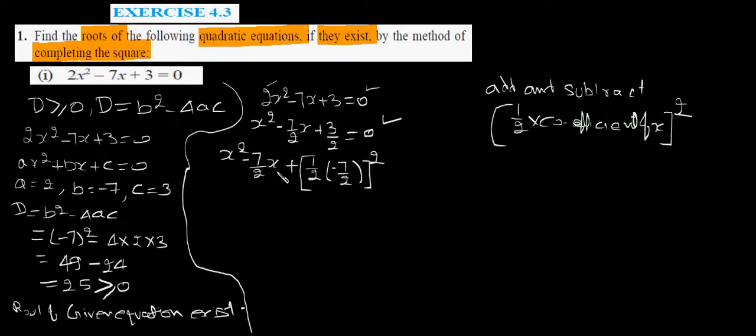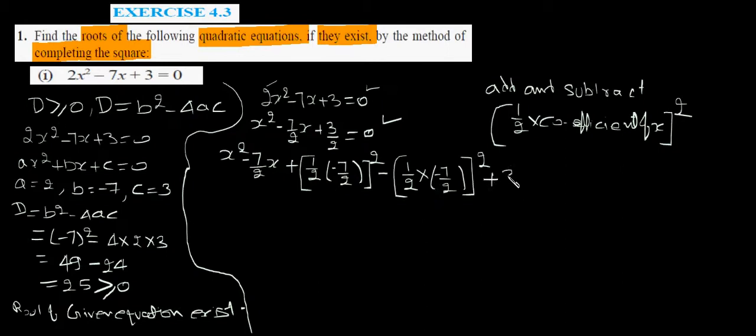I am adding this term and I will subtract this term also. So this is 1 by 2 into minus 7 by 2, its whole square. Because these two will cancel out each other, it will not affect this equation.